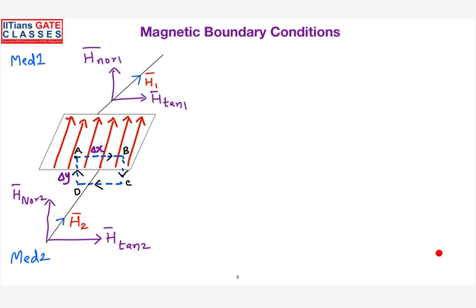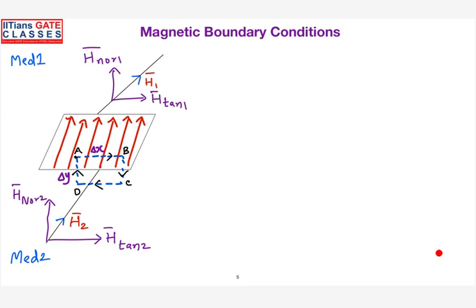Is that what I said? Can you cross-check others also? What is the electric field boundary condition I told you? It's D normal 1 minus D normal 2 is rho S. Exactly. That you should remember, because it is very important. Whatever the discussion we have done, we are assuming that the wave enters from medium 2 to medium 1.